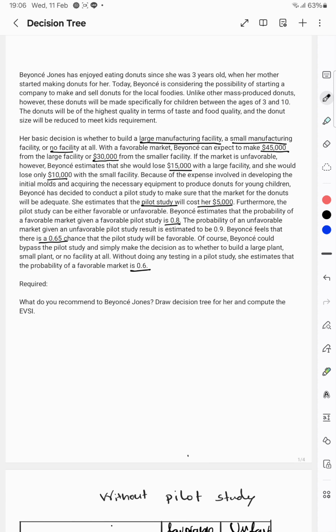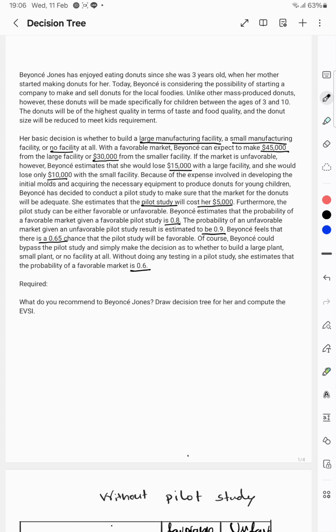And when the pilot study result is unfavorable, the probability of an unfavorable market is 0.9, and the probability of a favorable market is 1 minus 0.9, which is 0.1.